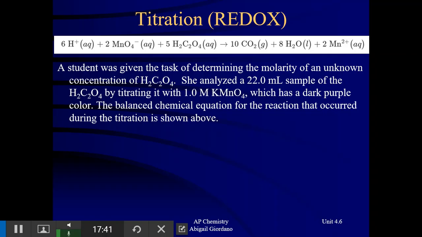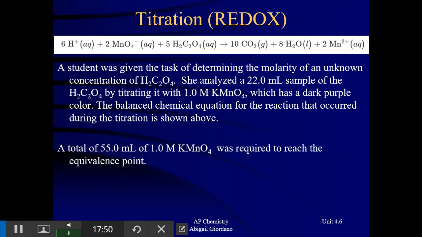The balanced chemical equation for the reaction that occurred during the titration is shown above. Okay, fine. Well, let's keep reading. There's actually more to the question. It says a total of 55 milliliters of 1 molar potassium permanganate was required to reach the equivalence point.